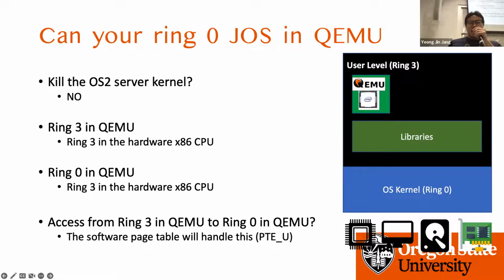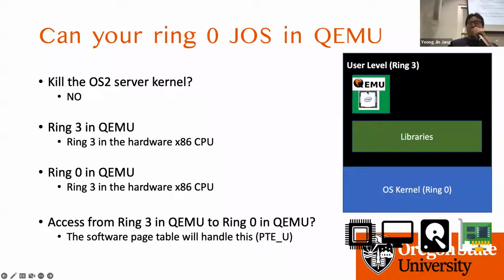So we virtually have a JOS in QEMU in Ring 0, but that's actually Ring 3 of the OS2 server. So even if your JOS operating system runs in Ring 0, it cannot affect the real Ring 0 of the OS2 server. That's not possible.